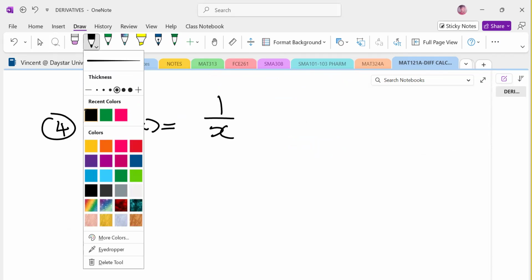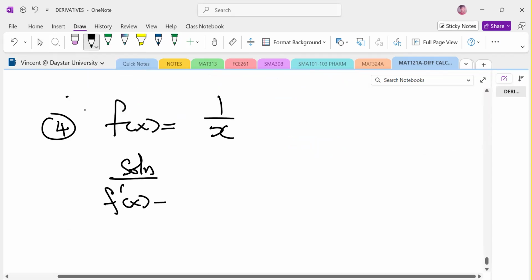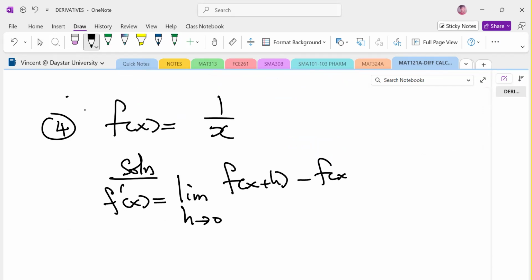First, we write the formula that the derivative is the limit as h approaches 0 of f of x plus h minus f of x, divided by h.